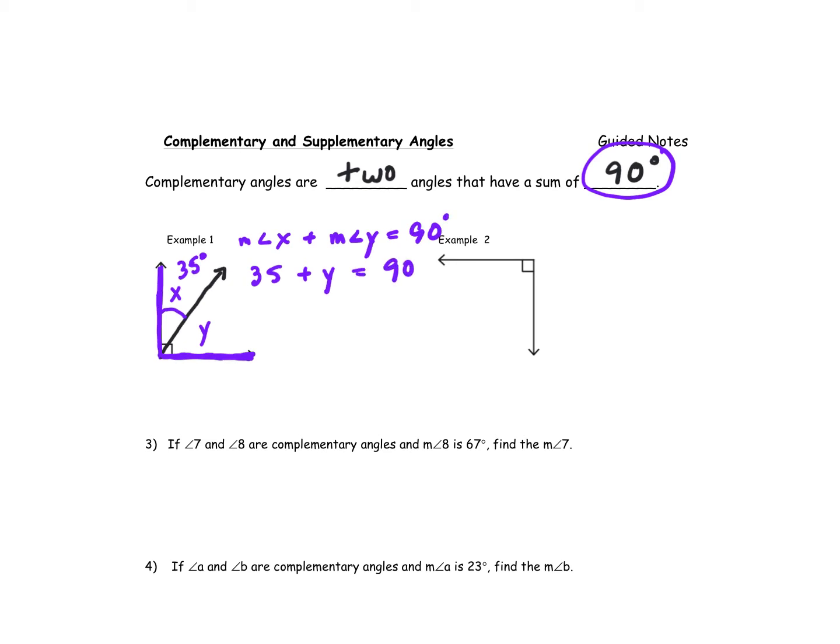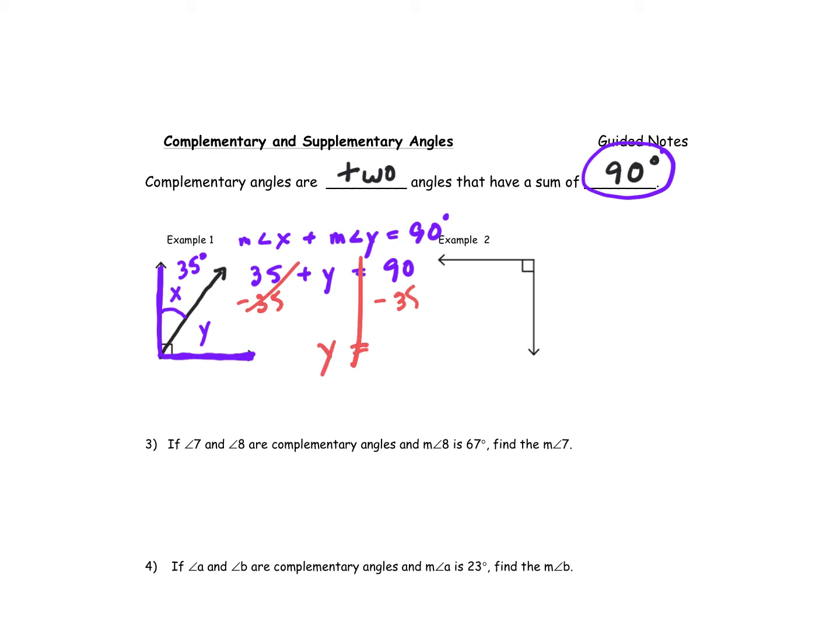So this is where this algebraic equation came from. If we know that these two angles, X and Y, are inside this 90 degree angle, their measurements must add up to 90 degrees. So we're going to solve this. We're going to take away 35 from both sides, leaving our positive Y variable.